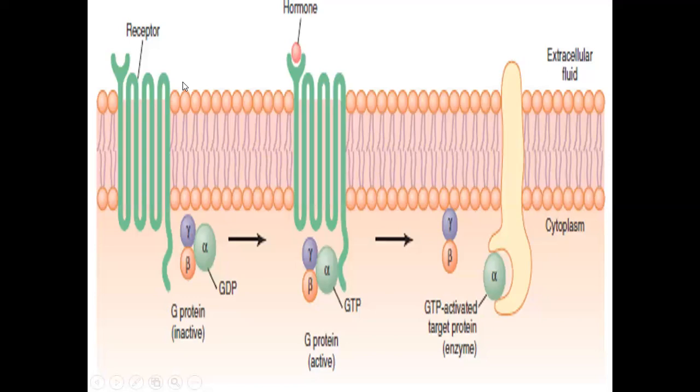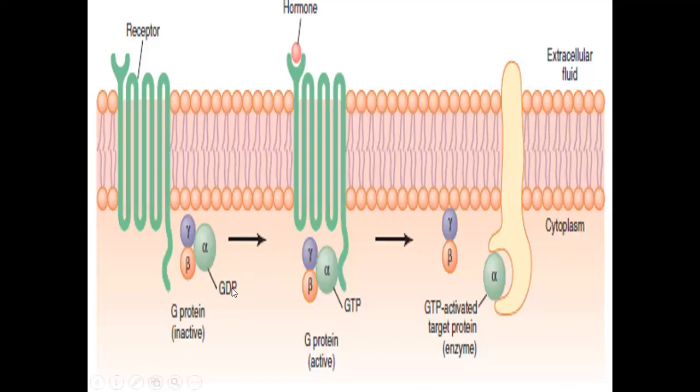Now, once the hormone is attached to the cell surface receptor, it causes a configurational change. That configurational change causes the GDP of the alpha subunit in the G protein to be exchanged with a GTP.